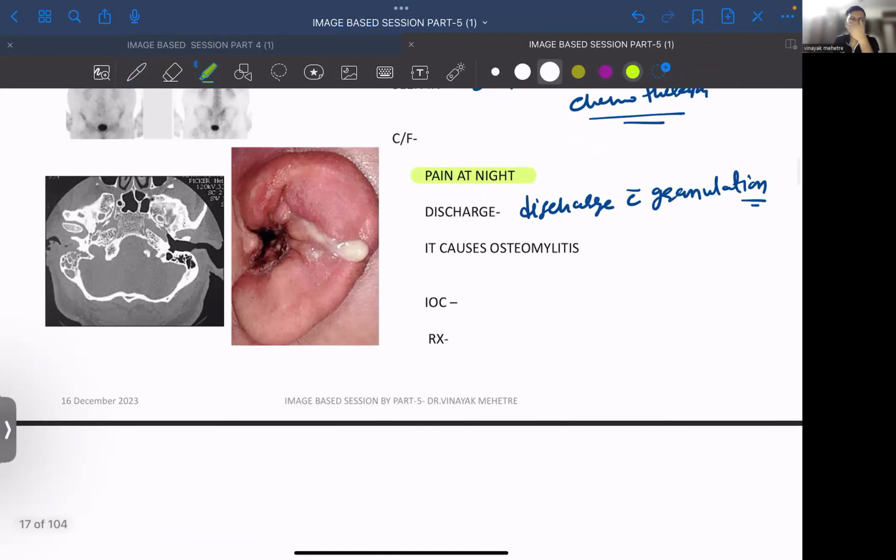इन्वेस्टिगेशन ऑफ चॉइस क्या है इसकी? यही तो कयामत है. Though you will get the image of a CT scan, but remember, the investigation of choice is technetium 99 bone scan. If the patient is with Pseudomonas infection, remember this.